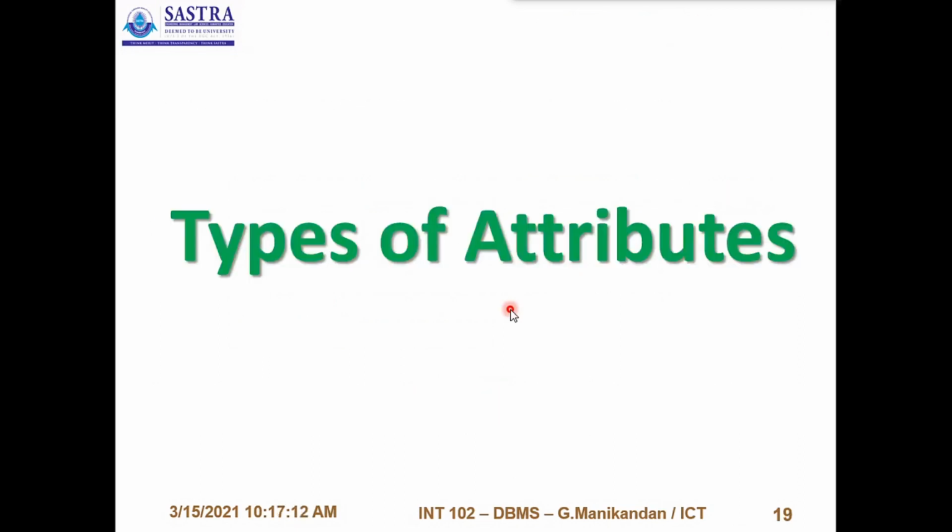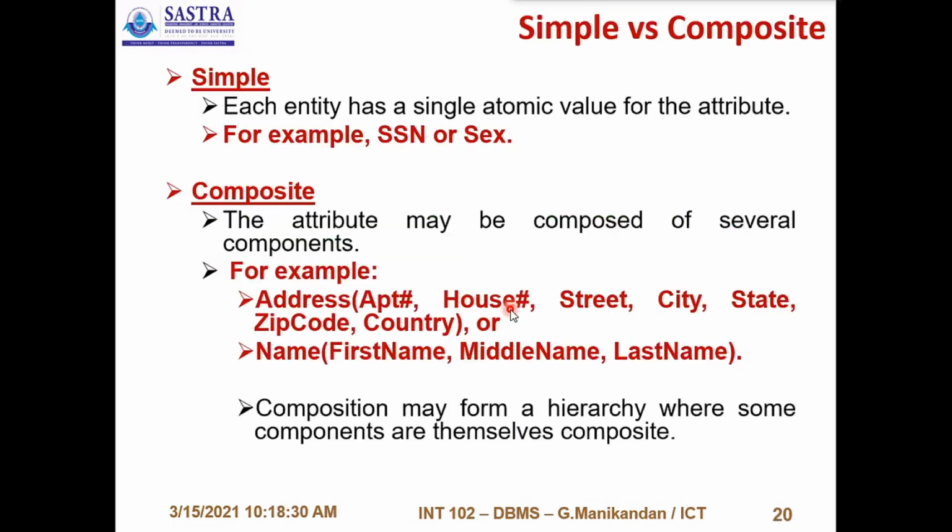So as of now, you are familiar with the two definitions: what is an entity, what is an attribute. The next idea is that, depending upon the concept, you can classify the attributes into various types. So the next terminology is types of attributes.